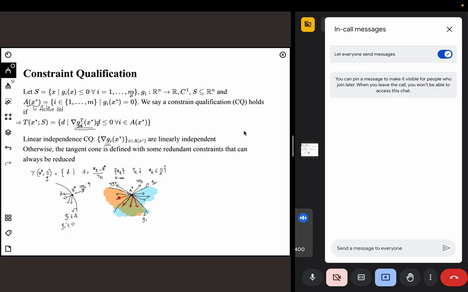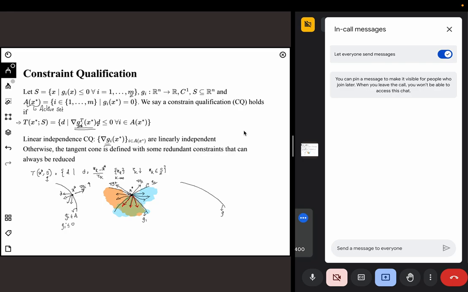If I have only G1, then it would be all these vectors. If I have only G2, then it would be all these vectors. Only when I take both of them together do I have the feasible region, and these are the vectors that are uniquely defined. This kind of thing is possible only if grad G1 and grad G2 are linearly independent.